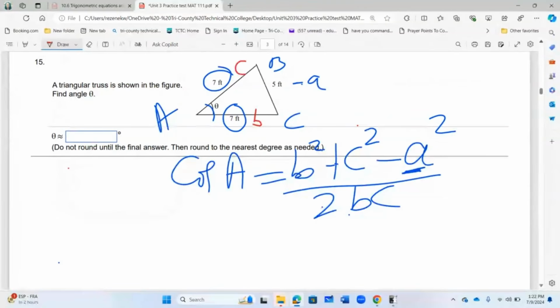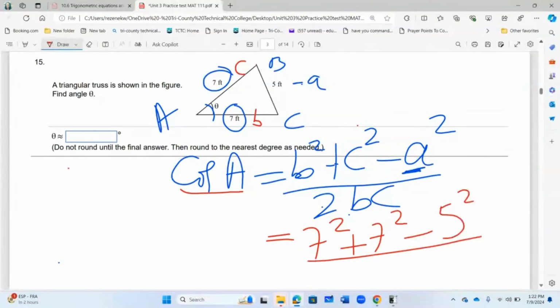So I'm looking for cosine of the angle A. All right, so B squared, 7 squared, plus C squared, 7 squared, minus A squared, and A squared is 5 squared, all over 2BC, 2 multiplied by 7 times 7.